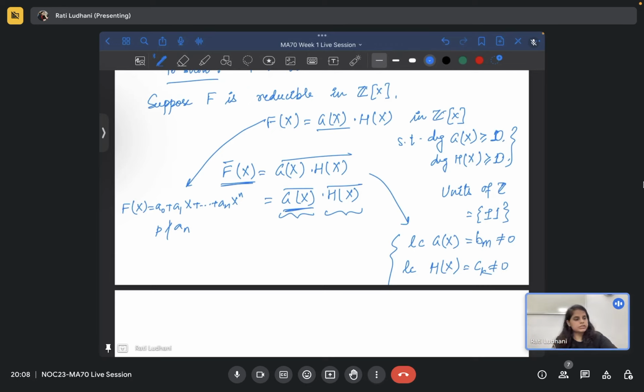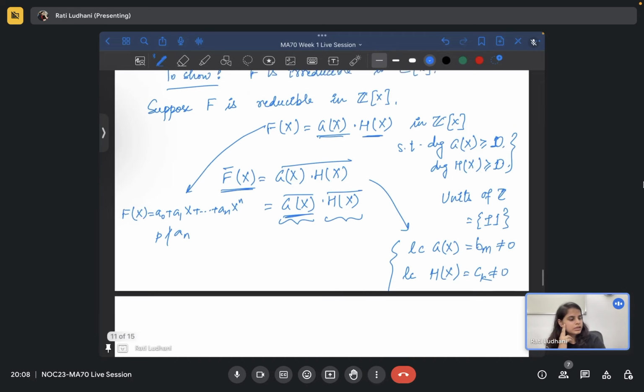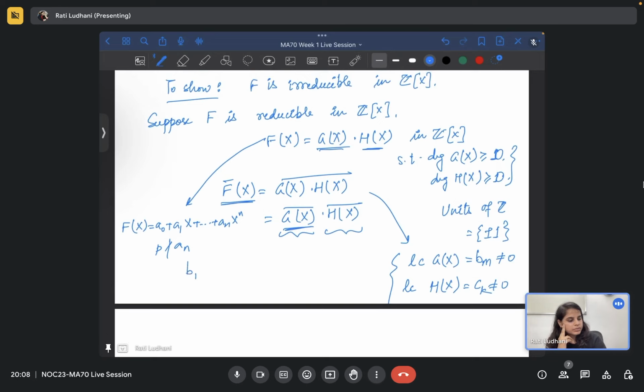So for g(x) into h(x), the highest degree term when you multiply will give x raised to power n, right? So you will have something like b_m into c_k, and p does not divide that. That means p does not divide b_m and p does not divide c_k. So these are really nontrivial factors.